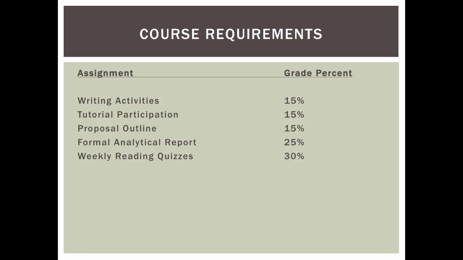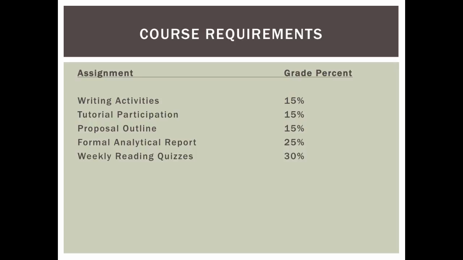Here we have the course requirements. You can see it's a fairly simple distribution: writing activities, tutorial participation, your proposal and your formal analytical report, and then weekly reading quizzes. We used to do a midterm and a final. This has seemed to work better. People have gotten better grades on the quizzes, going with weekly reading quizzes that are due before you start tutorials.